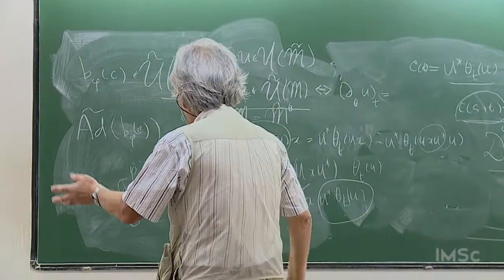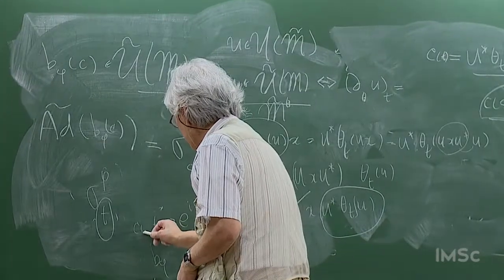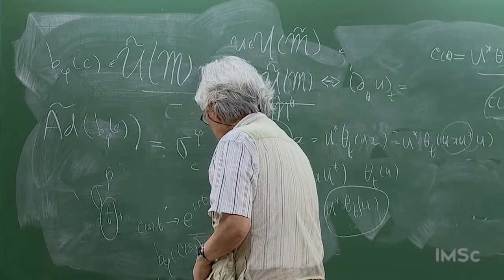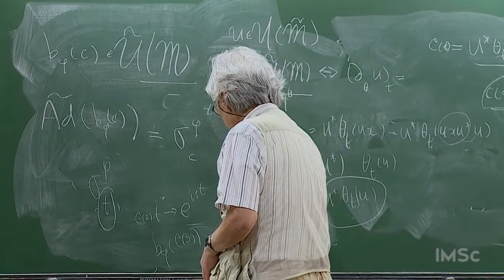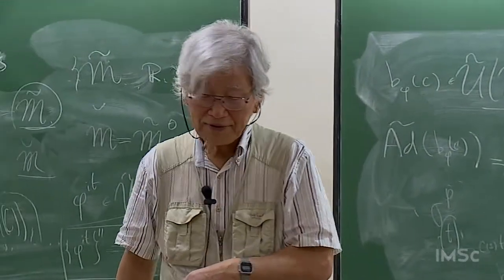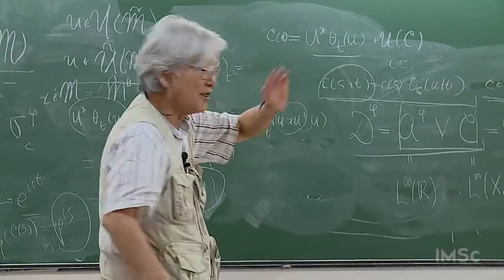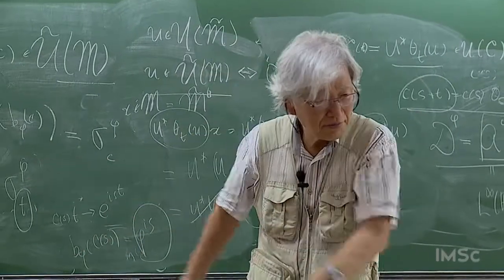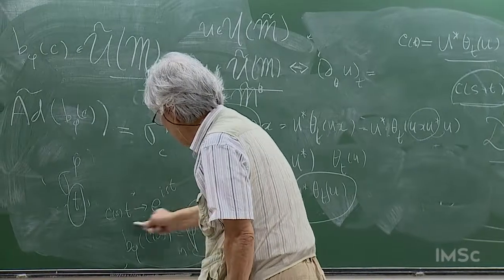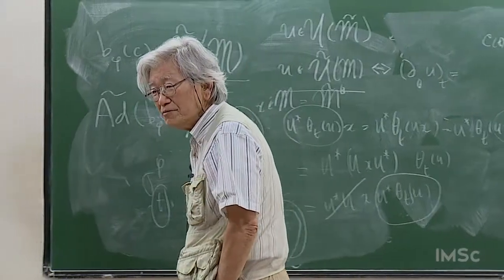If you check what is happening, B phi of C of S is indeed phi to the is. You end up with P first. Actually, you have an explicit way of writing B phi out of C. This is the extended modular automorphism.